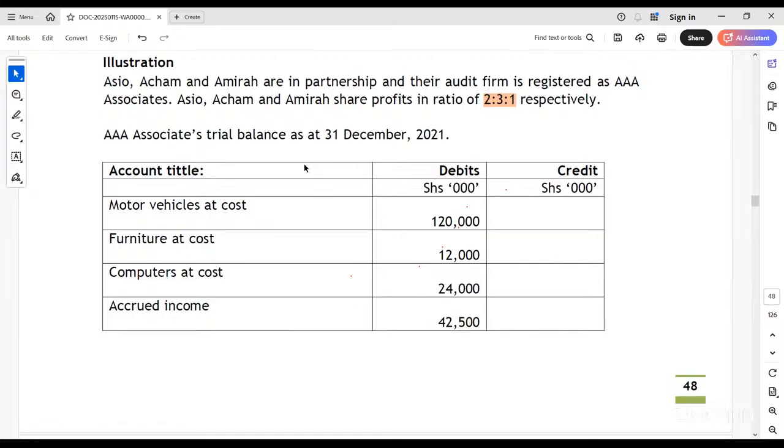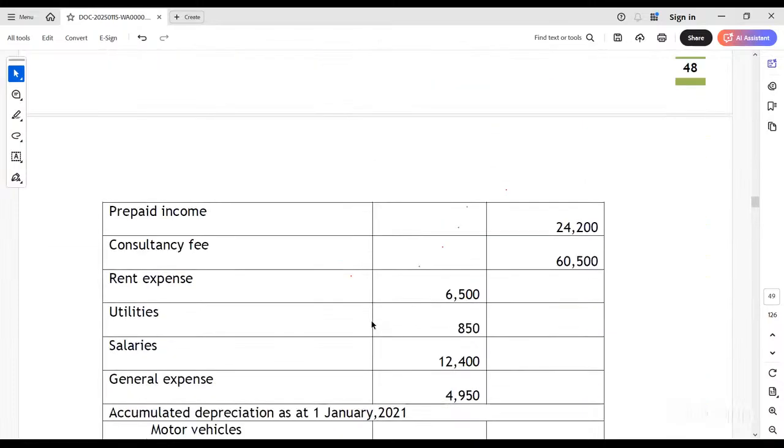That is their trial balance. We have motor vehicles at cost, furniture at cost, and computers at cost. We have accrued incomes and prepaid incomes.